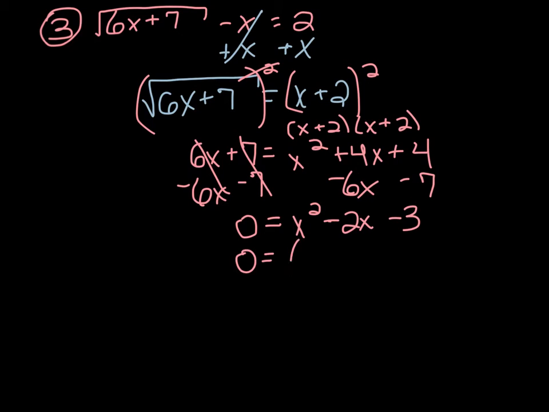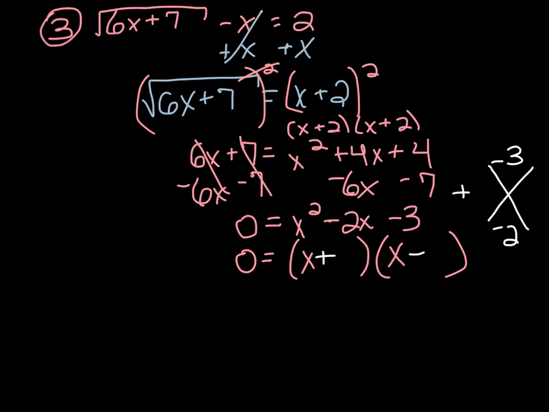It is factorable. So I break it into two binomials because the leading coefficient is 1. It's x squared, so it breaks apart into x and x. This means different signs, and the bigger number is going to be negative. So I need to figure out what two factors of negative 3 add up to negative 2 and have different signs.